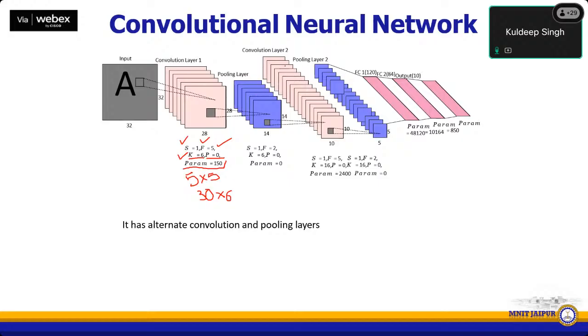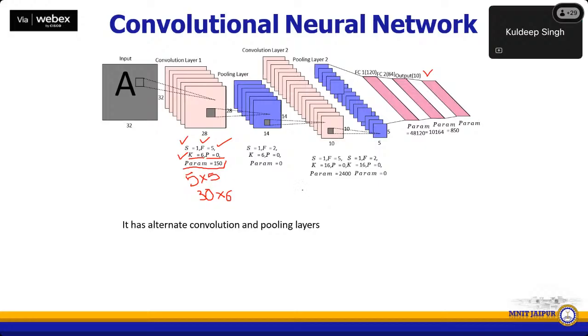Further, they are passed through the convolution layer 2, which is also responsible for extracting more meaningful features. And further, it is passed through the pooling layer. And then we have fully connected layers. And in the output, we have 10 neurons corresponding to each of the classes.